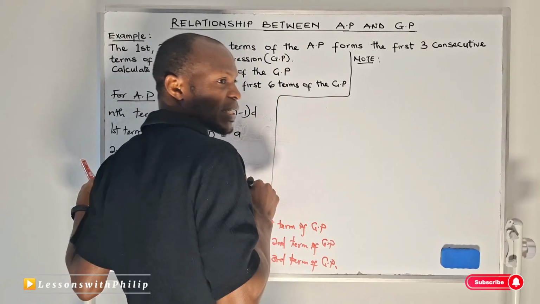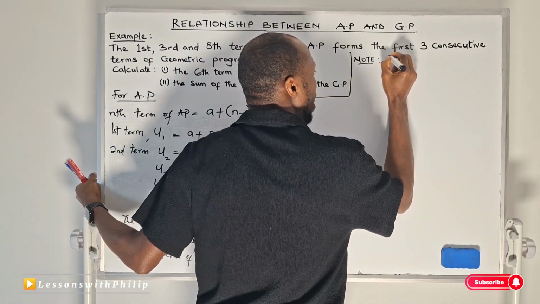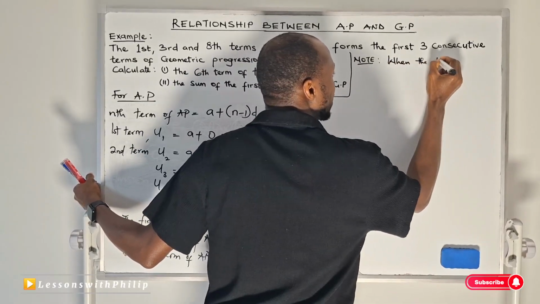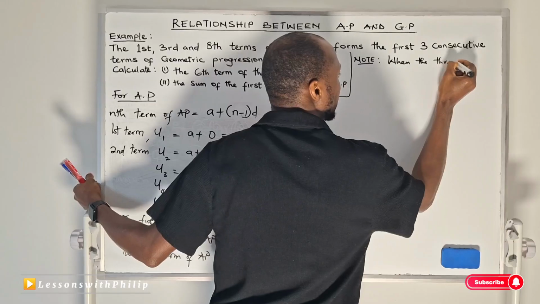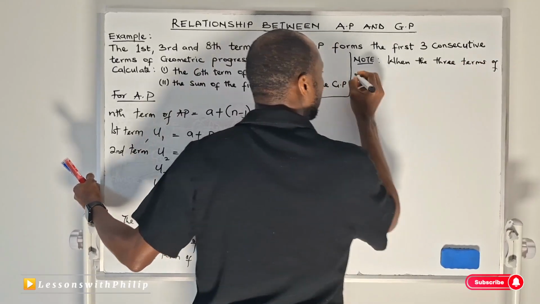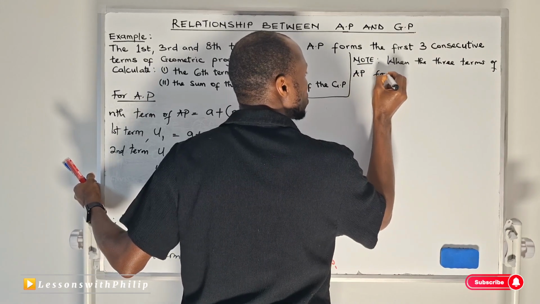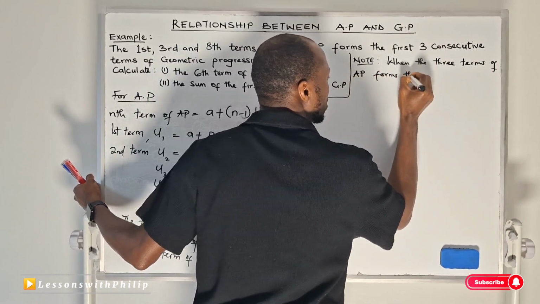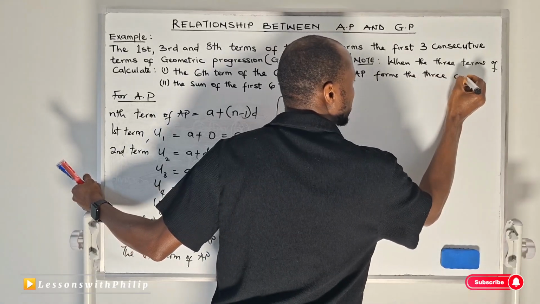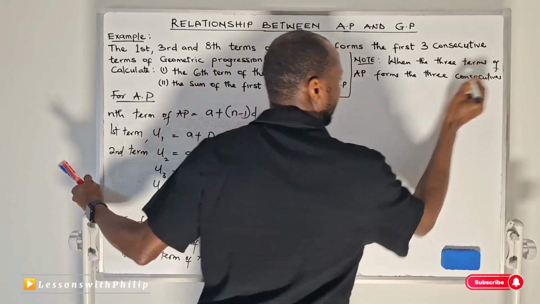Anytime we have this kind of scenario, when the three terms of an arithmetic progression form the three consecutive terms of a GP, I've explained consecutive.